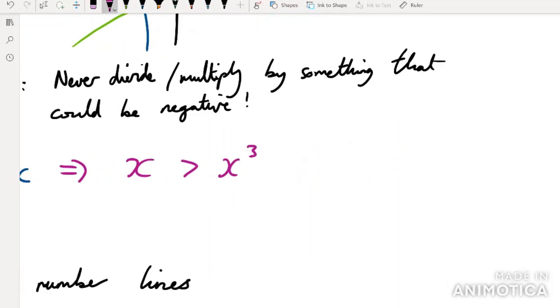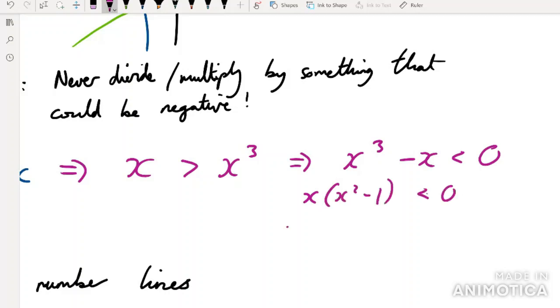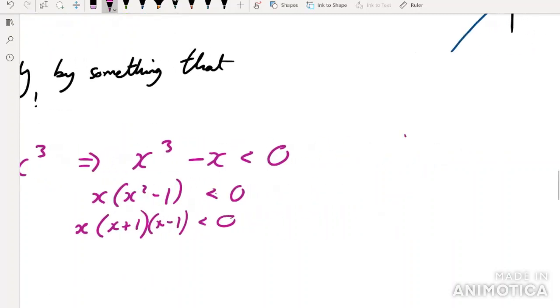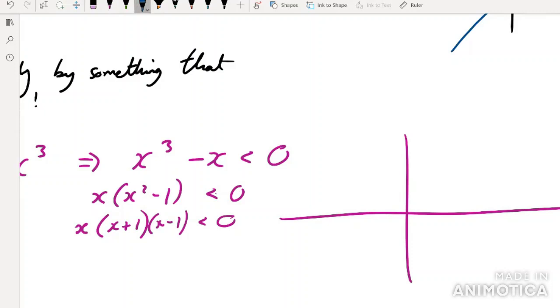And so now we can say that x cubed minus x is less than 0, x squared minus 1 is less than 0, x plus 1, x minus 1 is less than 0. And again, just to make sure we don't get this wrong, the easiest way to do this, honestly, is just to sketch out the cubic.